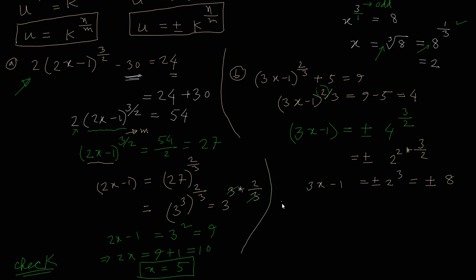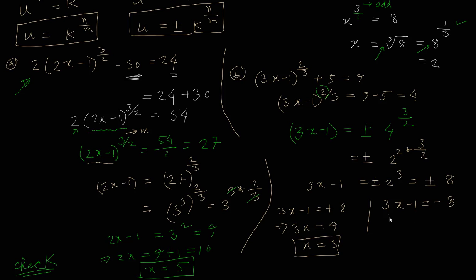Let's write it down separately. One solution is 3x minus 1 equals plus 8, and another solution is 3x minus 1 equals minus 8. In the first case I have 3x equals 9, so x equals 3. This is one solution.